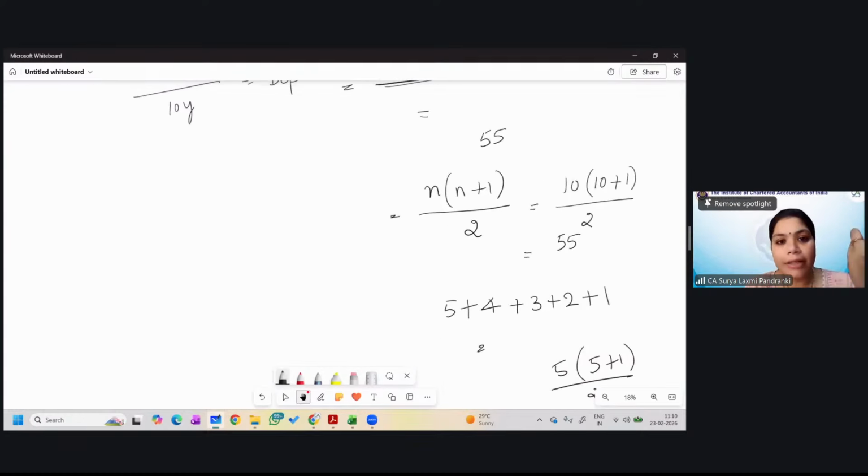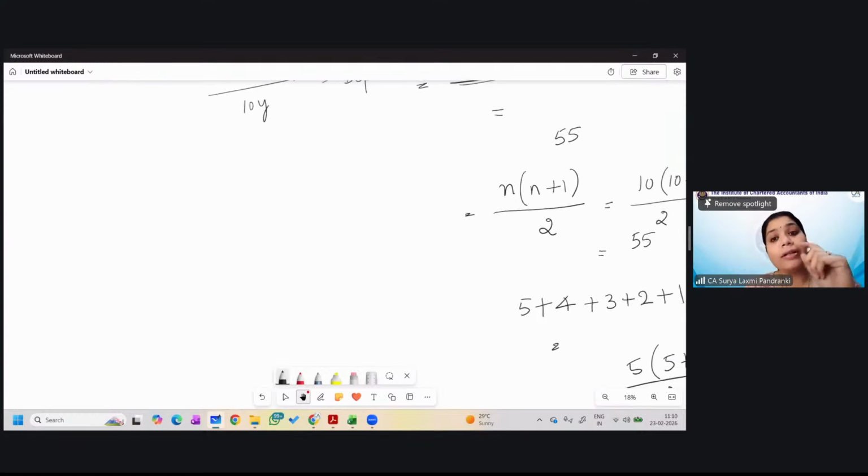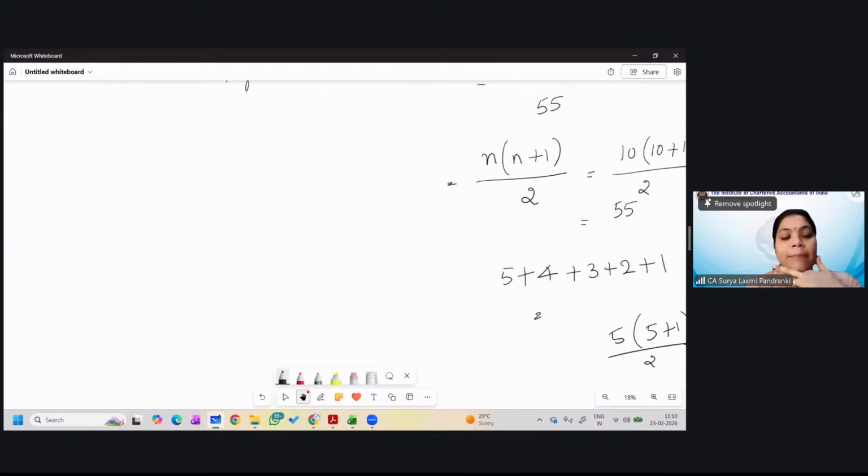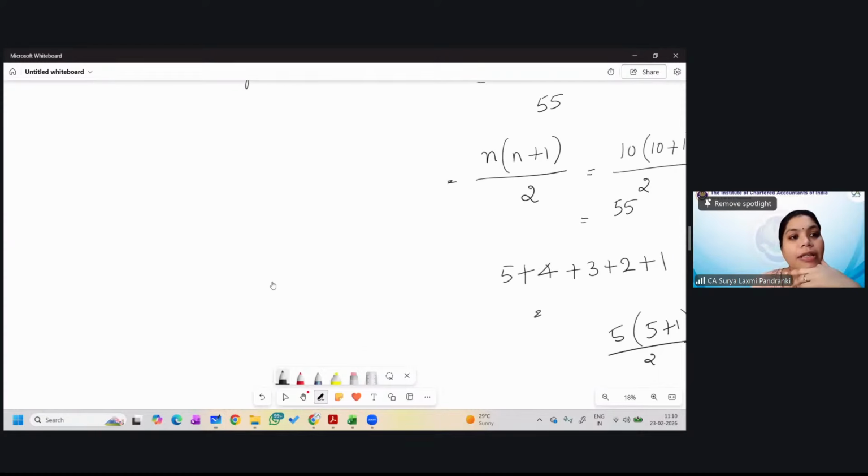Now, we have calculated the sum of the digits, but how to calculate the depreciation? That is the main concern, right? So this is how you calculate the first year depreciation. Suppose the cost of the asset is 1 lakh. The first year depreciation will be 1 lakh into 10 by 55.